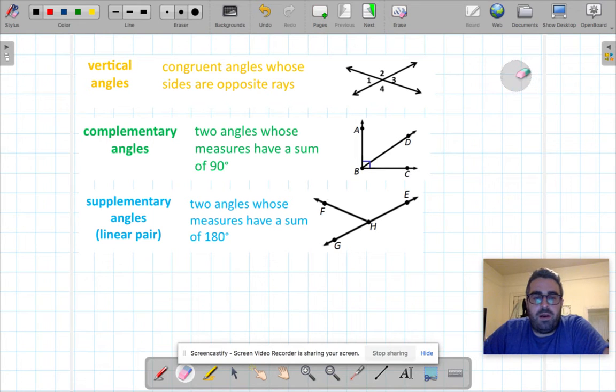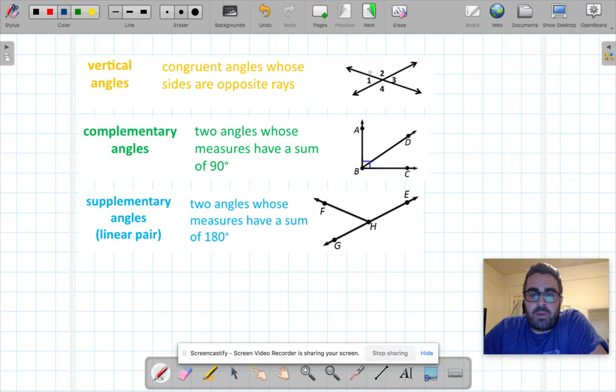Hi everyone. Going to be teaching a lesson on something called angle pairs, and specifically the concept of vertical angles, complementary angles, and supplementary angles. So vertical angles, as you can see from the diagram, are angles whose sides are opposite rays.